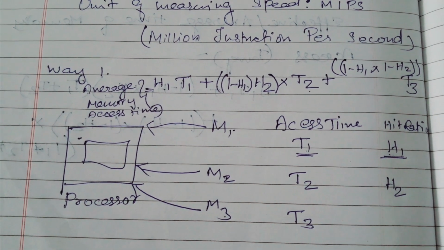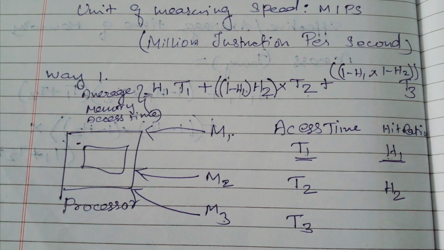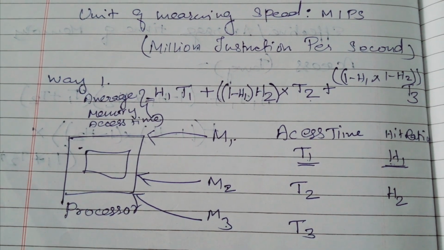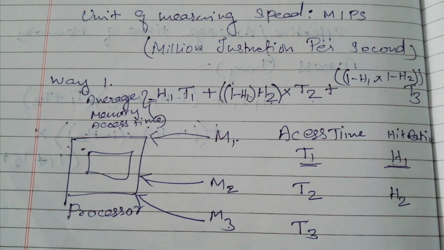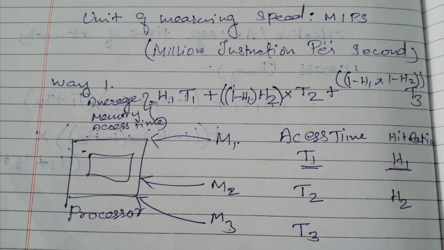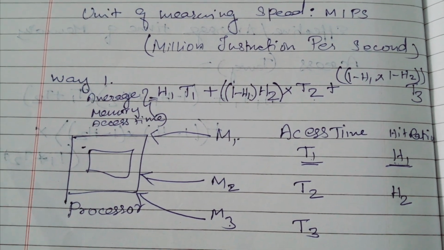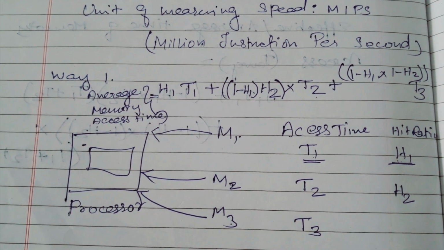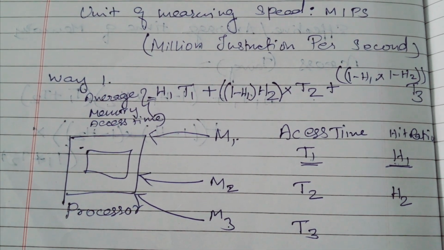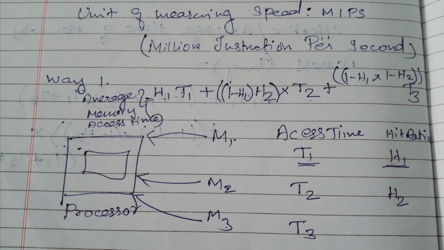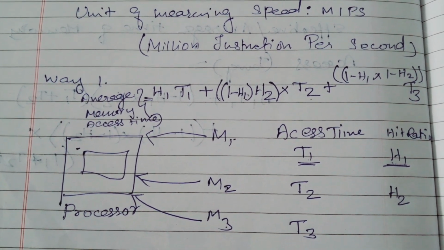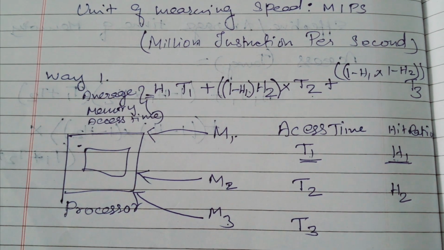Suppose it does not hit the memory, then we take 1 minus H1. So we take 1 minus H1 multiplied by hit ratio 2, which is also multiplied by time 2, which is access time 2. Likewise, this formula goes on. So we can use this formula for calculating average memory access time.